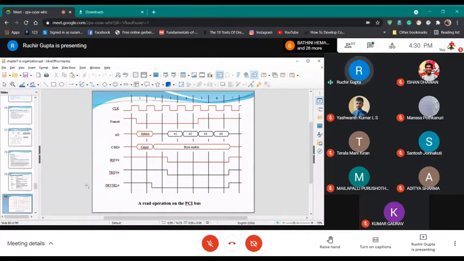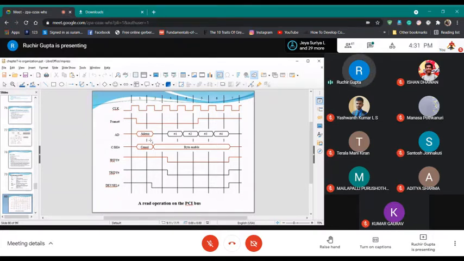Now just look at this. What is happening in clock cycle 1? The processor asserts frame to indicate the beginning of the transaction.